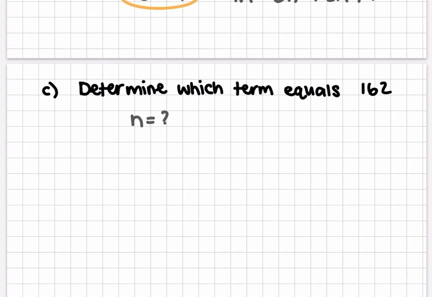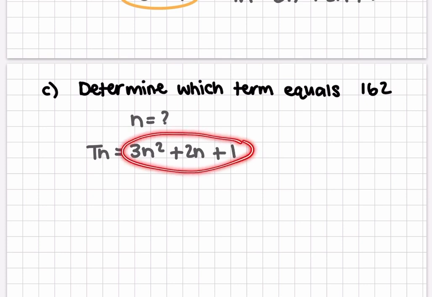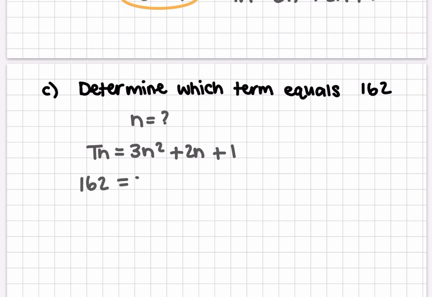So we're going to use the formula we've just calculated. Tn is equal to 3n squared plus 2n plus 1. We're going to take this part and we're going to make it equal to 162. So we'll have 162 is equal to 3n squared plus 2n plus 1.